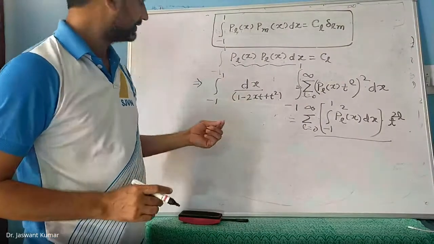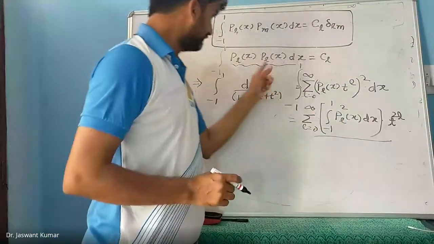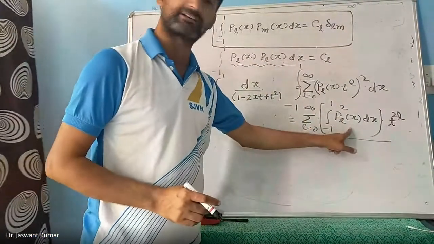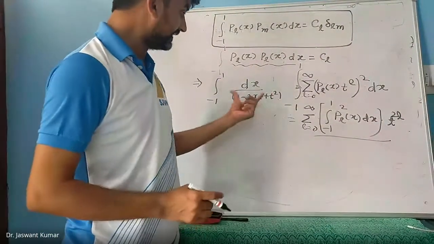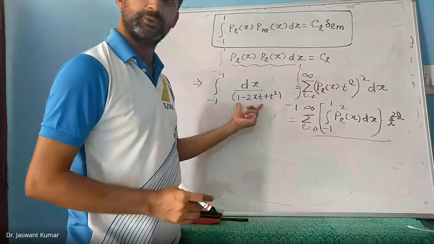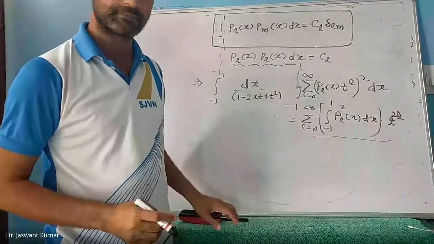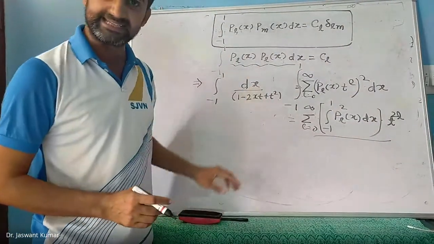So this is the thing which is equal to this, and this is what we need to calculate because this thing is equal to CL. So we definitely need to calculate what this is.